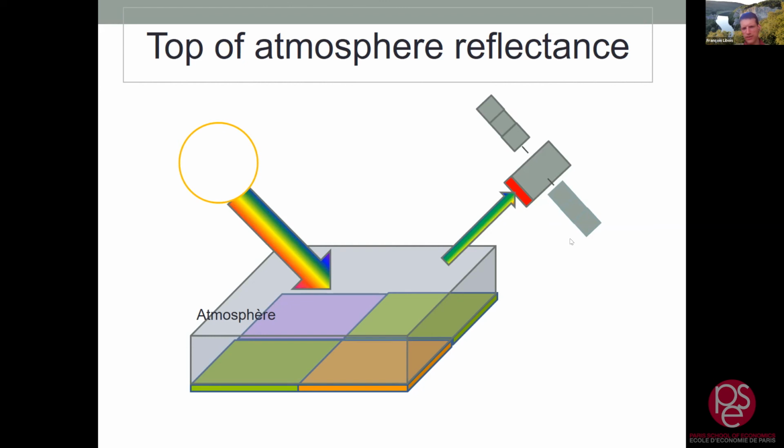So when you have the top of atmosphere reflectance, it means that if you have sand, for instance, in the air, typically your image is very much affected by sand in the air. Like if you have a sandstorm, you may end up misclassifying some areas and classifying them as desert, for instance.